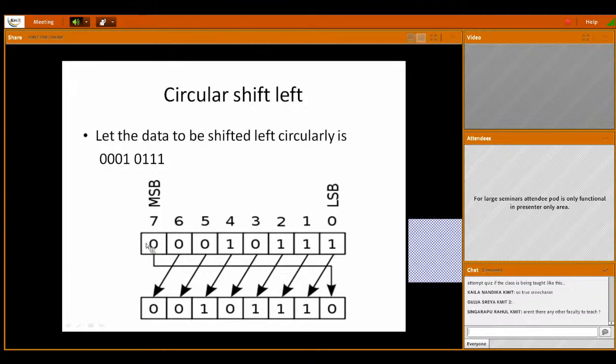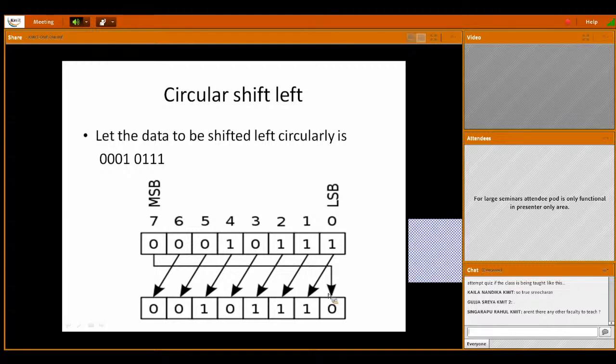If it is a logical shift, you simply discard the MSB position and include a 0 at the LSB position. A serial input of 0 is included at the LSB position. But in circular shift, there is no loss of data. That means the MSB bit is shifted to the LSB position. Whatever is at the MSB, you write the same at the LSB position after applying the circular shift left.